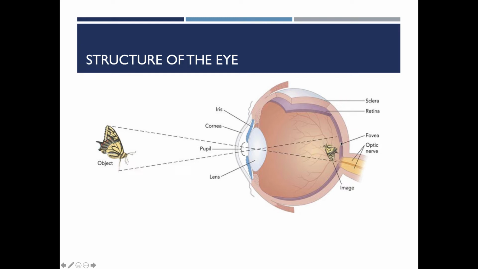It's the very center portion of that retina. And you see that the retina is kind of a backward C shape. And all of the cells that turn the light into neural code are in this particular layer of the eye. And all of their axons leave the eye out through the optic nerve to head towards the brain.